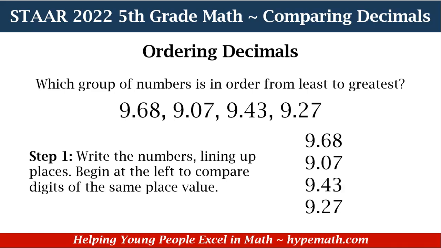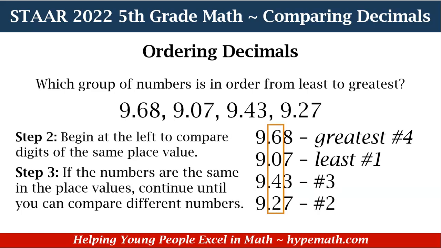Okay, so we wrote the numbers down and we've lined them up by the decimal places. Now what we need to do is compare the digits of the same place value. Looking at our place value, the furthest one to the left, which is the ones place, we have all 9s.